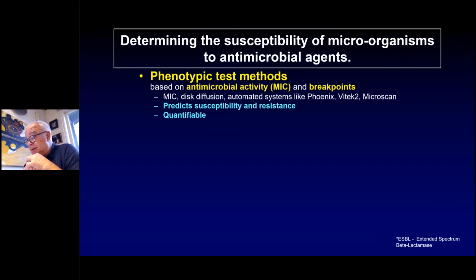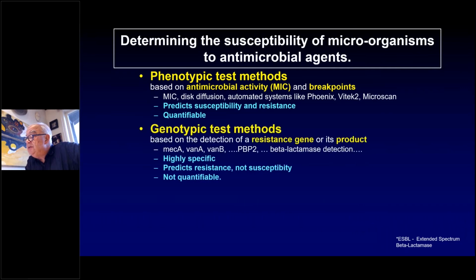Phenotypic susceptibility testing requires breakpoints, and that's really why we're here today. The nice thing about phenotypic susceptibility testing is that it predicts not only susceptibility but also resistance, it's quantifiable, and you can say things like more sensitive than, less sensitive than.